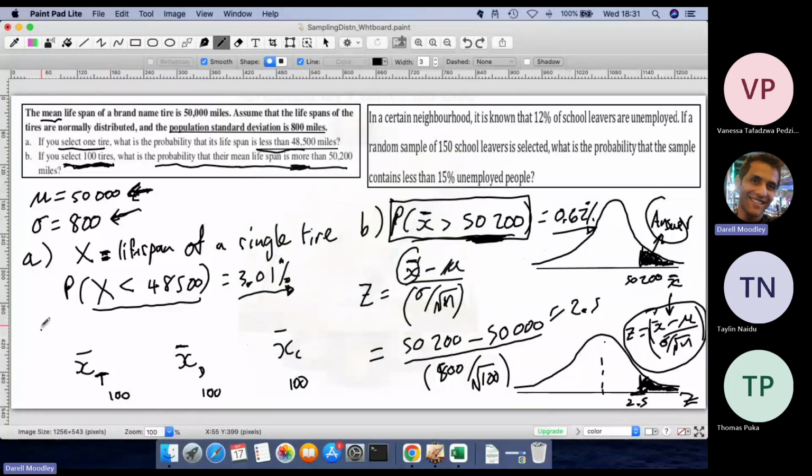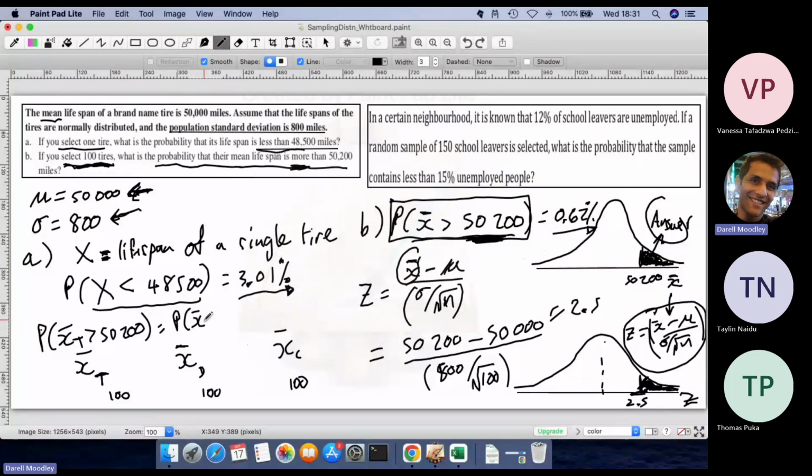But in general, instead of writing, if I want to know the chance of the average of your sample, the tires that you choose, being greater than 50,200, that probability for your sample would be the same as mine.